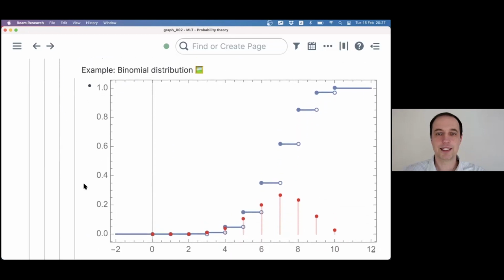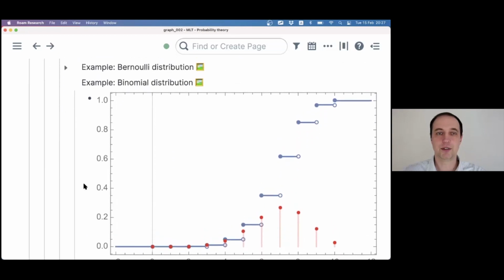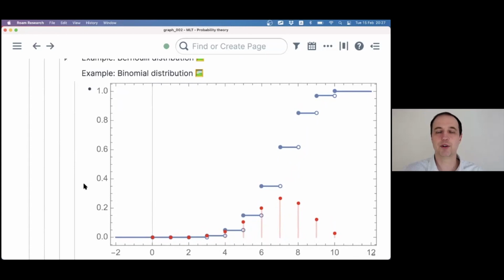So this was the CDF of the Bernoulli. This was the CDF of the binomial distribution. A binomial distribution corresponds to a certain number of coin flips for a coin that may or may not be a fair coin. And you would count the number of heads. So I think in this case, we had 10 coin flips and it was not a fair coin.